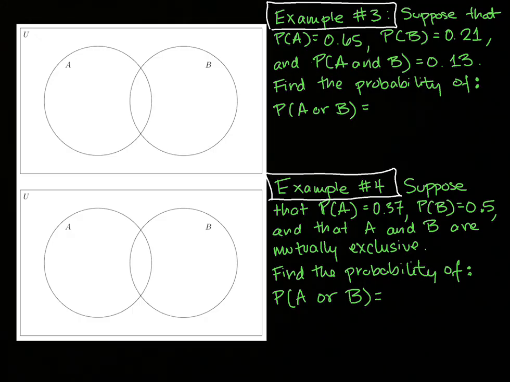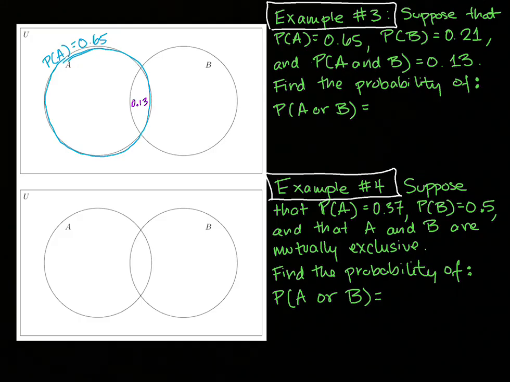All right, so the probability of A equals 0.65. So remember, that's the whole circle. And that's going to include the middle here, which is the intersection, A and B, 0.13.